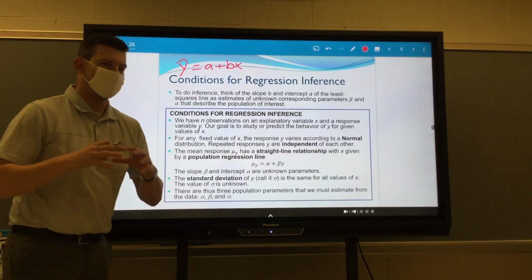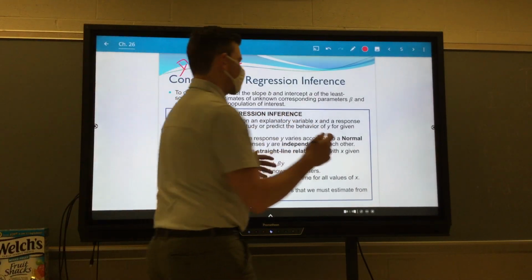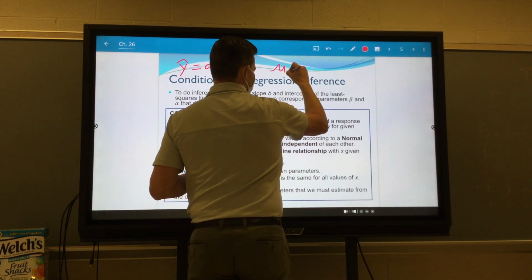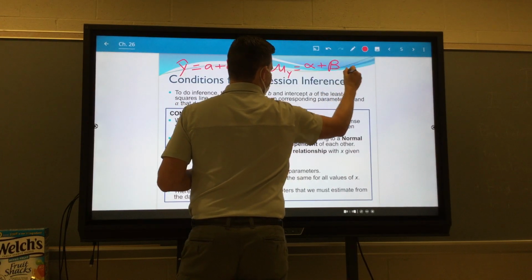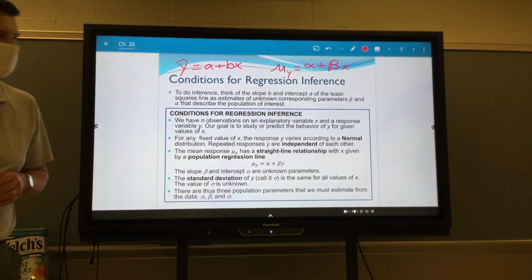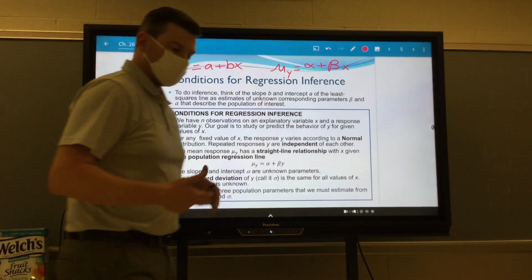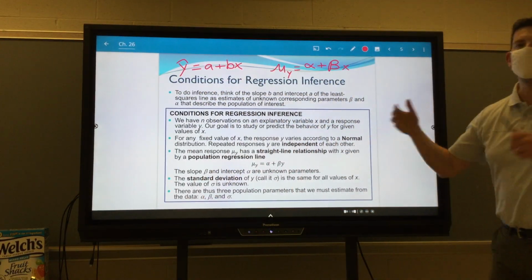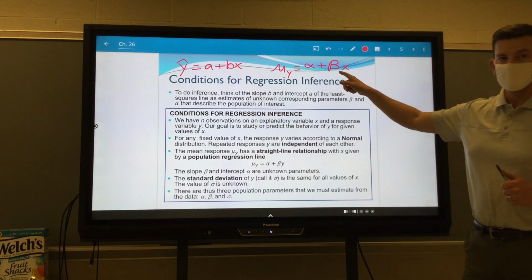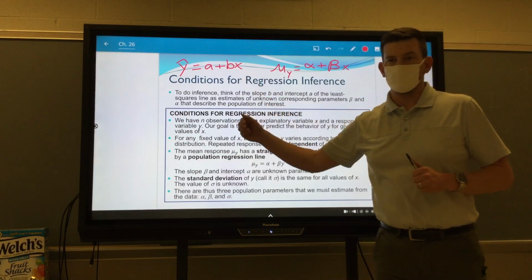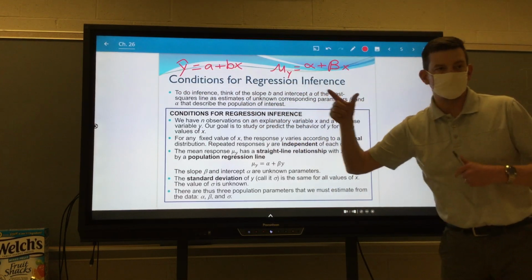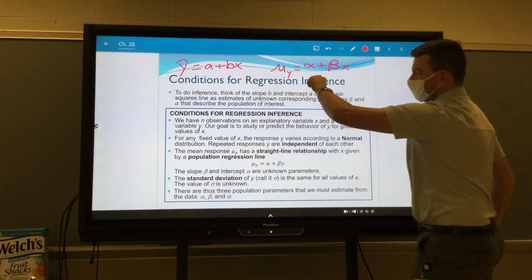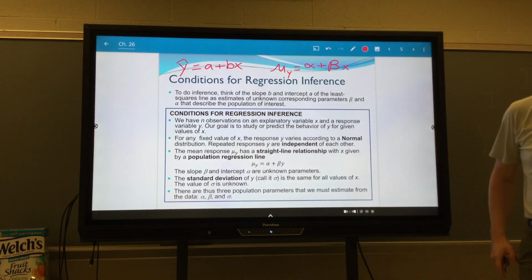So the idea is that the population model that we're trying to describe looks like this: mu sub y equals alpha plus beta x. You can think of this along the same lines as population mean was mu, sample mean was x bar. This is sample, this is population. It's easier to connect that. A and alpha, B and beta. The Greek letters are used to represent the population values here.